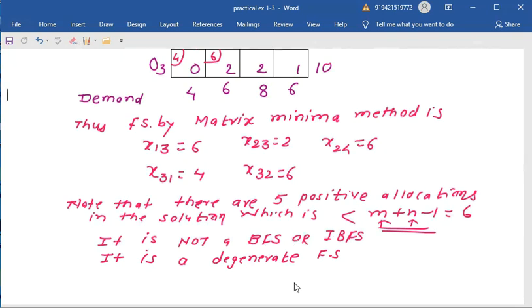It is a degenerate feasible solution. So we do not get an initial basic feasible solution of the given transportation problem by the matrix minima method.